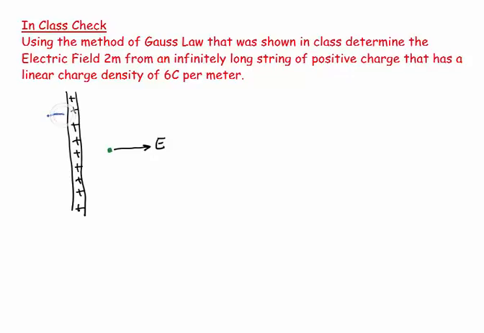So I'm imagining a top surface, and then a sleeve, and the sleeve is such that the point of interest sits on the sleeve. And then we have a bottom surface.